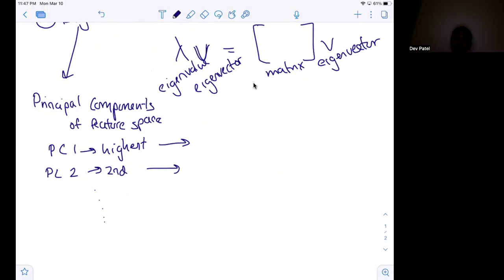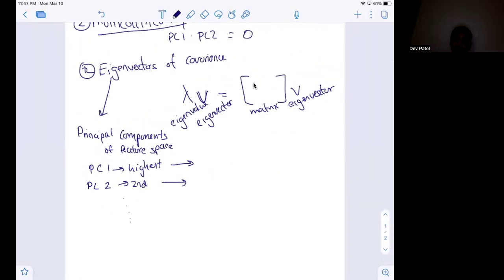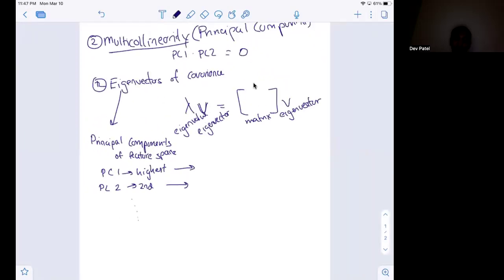But this is the essence of PCA. We're able to extract these independent principal components to maximize the variance that we're capturing in our data while also minimizing the number of features that we're using to capture that variance. And so PCA is incredibly useful for this.